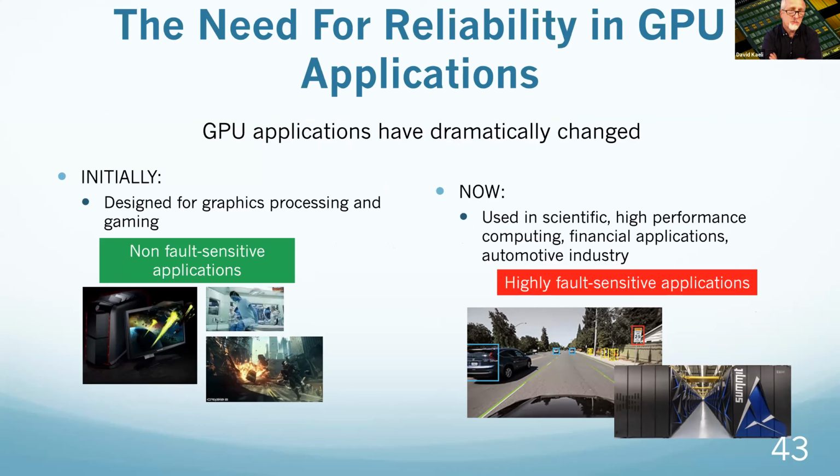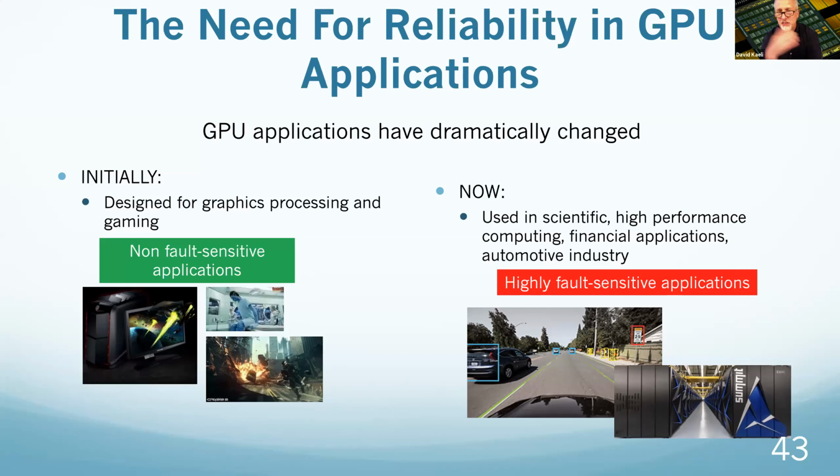Well, first of all, remember that GPUs were designed for graphics and graphics rendering and gaming. And a fault in a game, really, who cares? Maybe a couple pixels are a little different for a particular frame. We probably don't even see this.